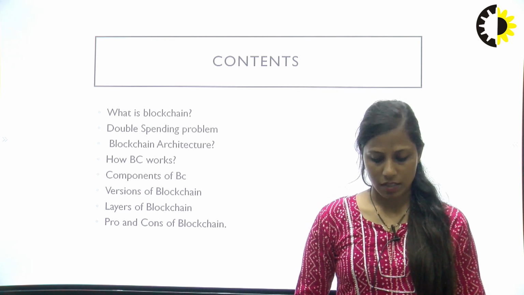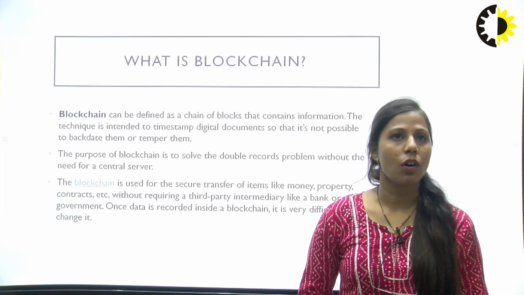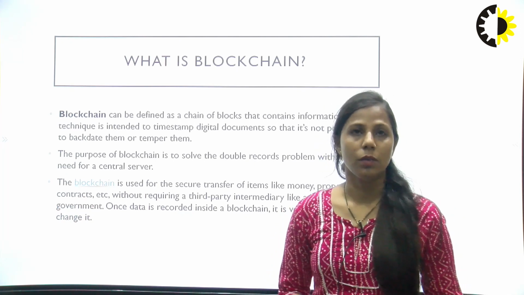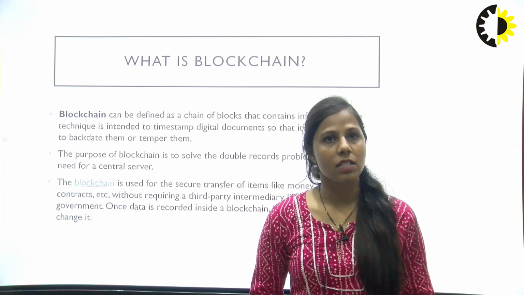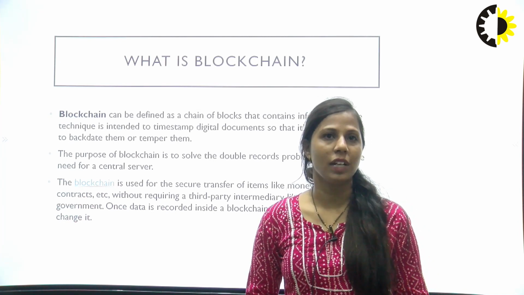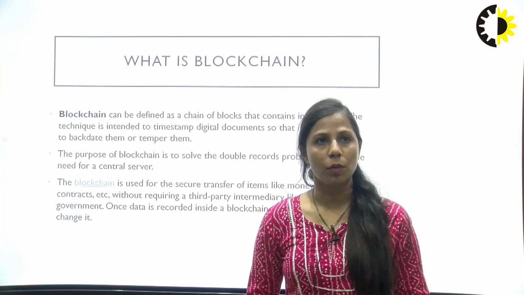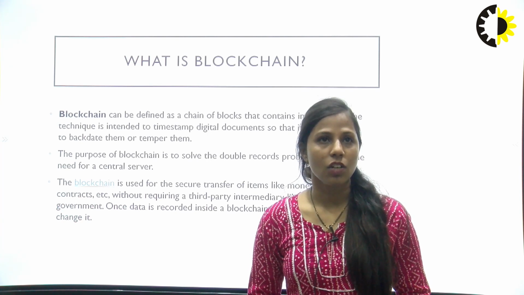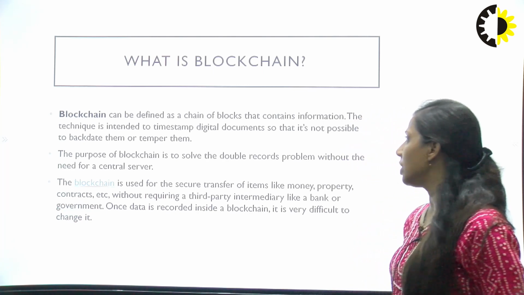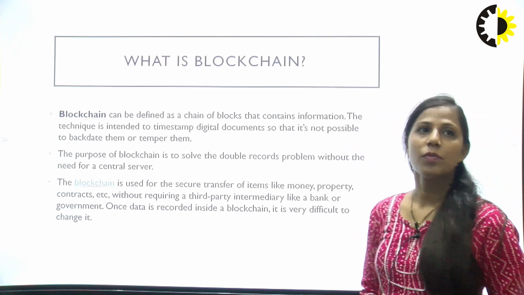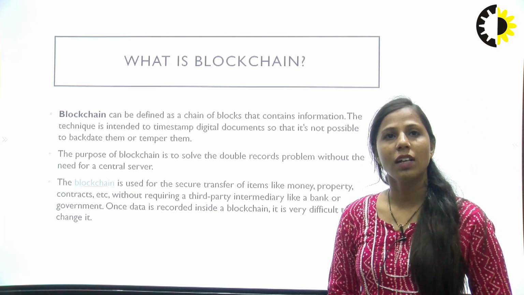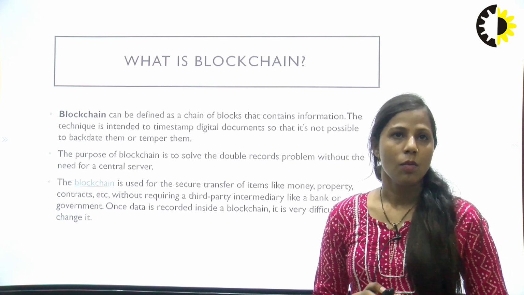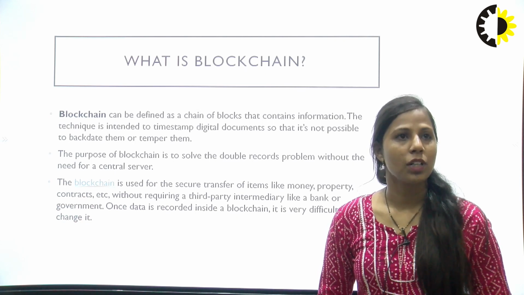So, what is the blockchain? We have already discussed in our previous lecture that blockchain is used for security reasons and integrity problems. It solves the problem of integrity and the double spending problem. Blockchain is defined as a chain of blocks that contains different information, and it is a technique in which we digitalize documents, and it is not possible to update or backdate the data.